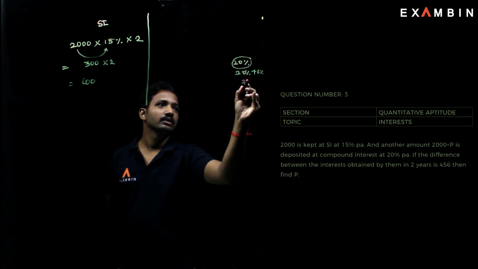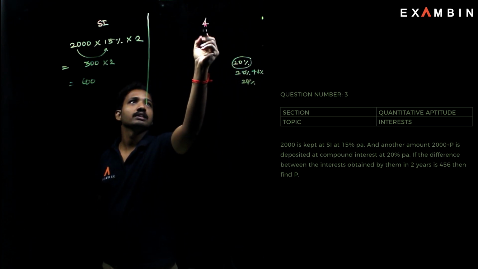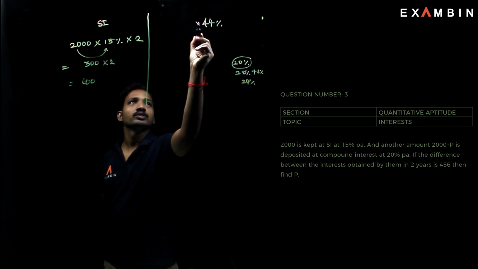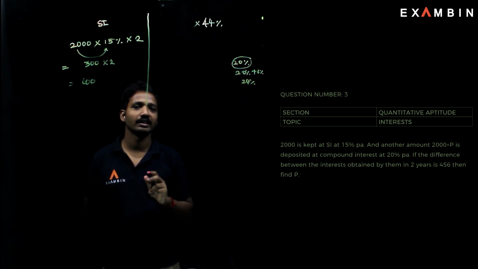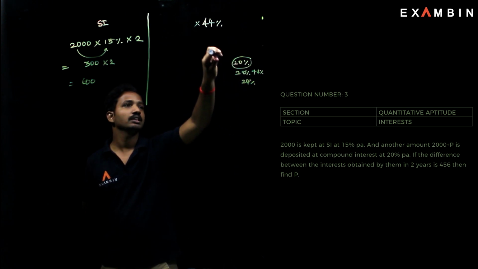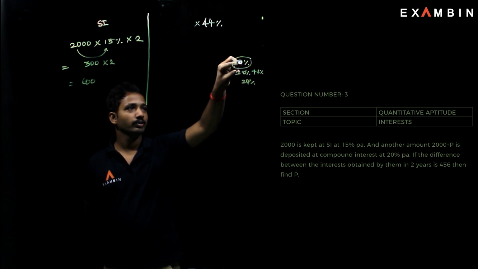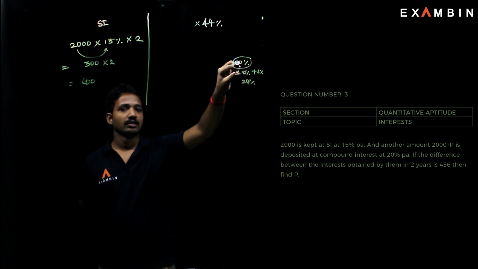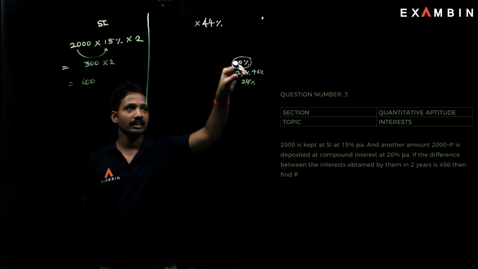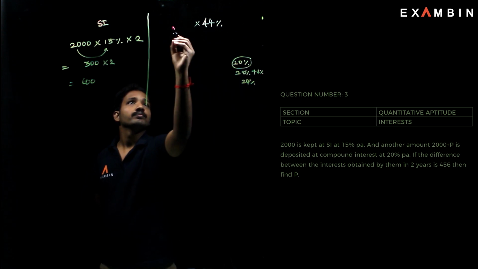So it is 24%, and by adding these it comes to 44%. For 2 years, the total interest earned at the compound interest rate of 20% per annum will be 44%, because in the first year it is 20% and in the second year another 20% plus this 20% of 20%. Compounding means the interest will also accrue interest.